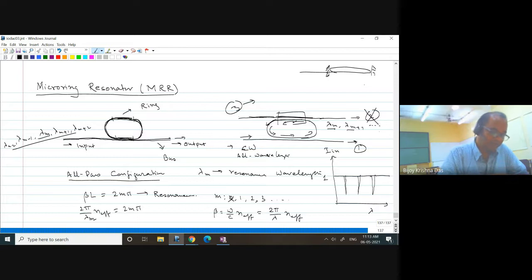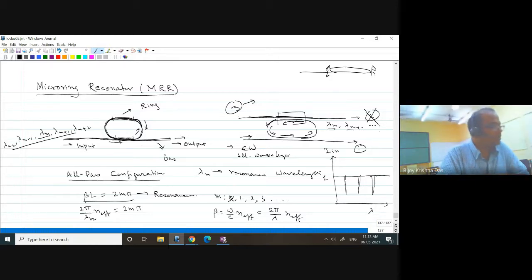But here we also consider beta L equal to 2m pi, the resonance condition in the waveguide. In this case, if we are launching light from this side and light couples in this direction, is there any chance that the wave will be propagating in the opposite direction? If it is ideal, of course, no scattering, no backward scattering, everything you are ignoring, then no chance, right?